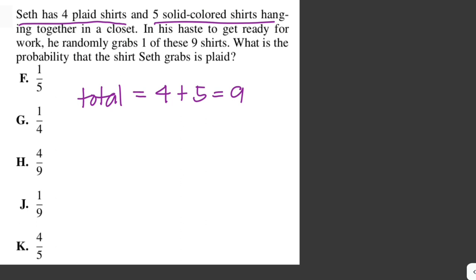So of these 9 shirts, 4 are plaid shirts. So the probability that a randomly selected shirt will be plaid is just 4 over 9. So the answer here is letter H.